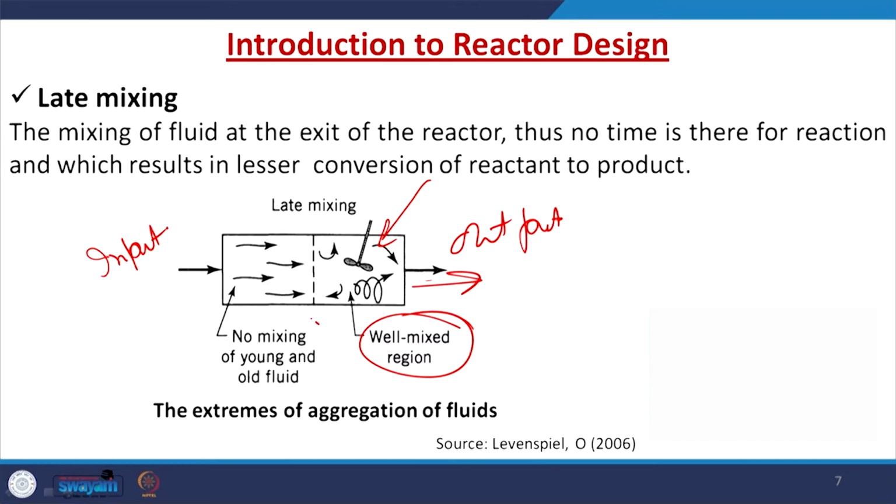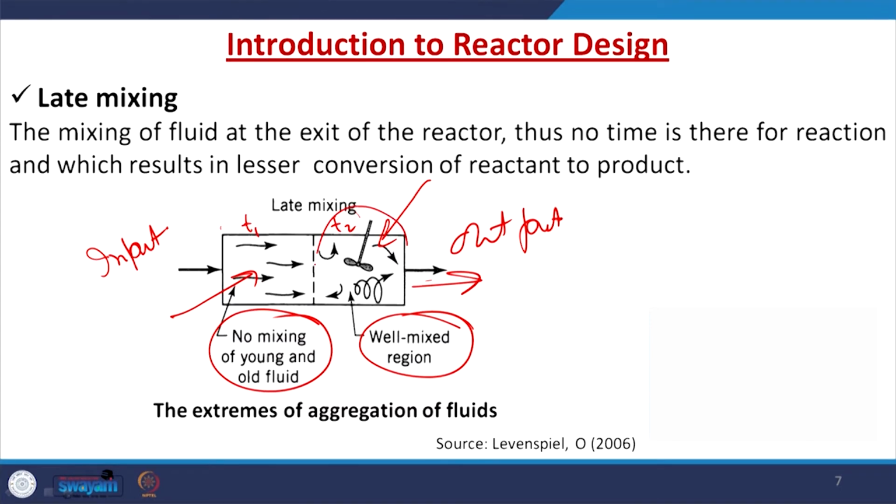and here you may experience no mixing, etc. Or sometimes you are not introducing any reactant or any stream at this juncture, and sometimes over a period of time, say T, after T1 you start the mixing, late mixing, at time T2.